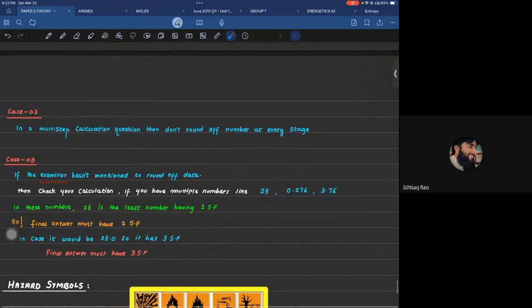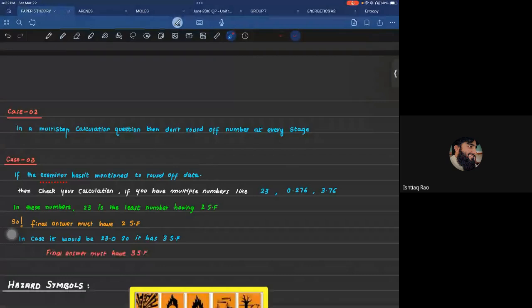In some cases you will see the examiner has not mentioned that you have to round off the data up to 4 decimal places, 3 decimal places, or 2 decimal places. In that case, see how many numbers you have in your question.